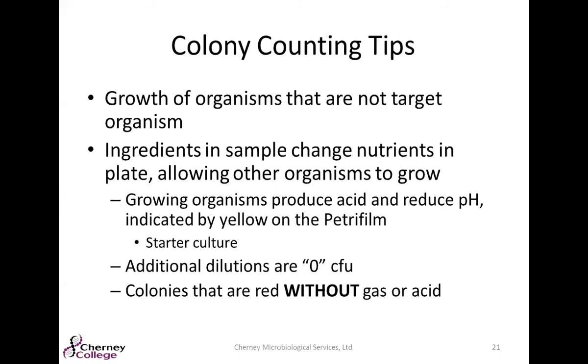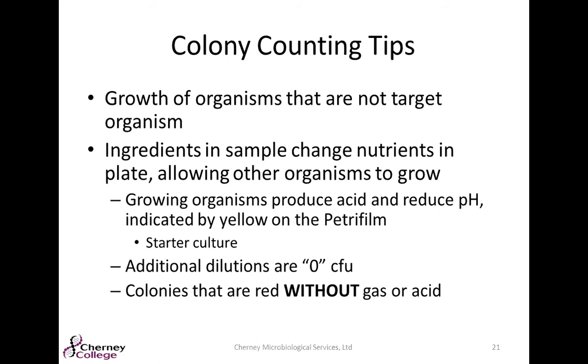You could also have ingredients in the sample that could provide the right nutrients for other bacteria to grow. But when you set up those additional dilutions, the result looks like 0. As you further dilute out that sample, you're lessening those nutrients provided from your ingredients, and those other microflora aren't able to grow.